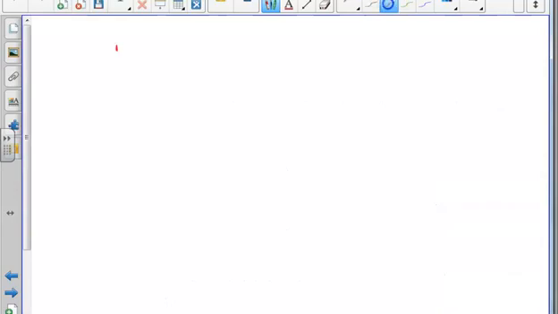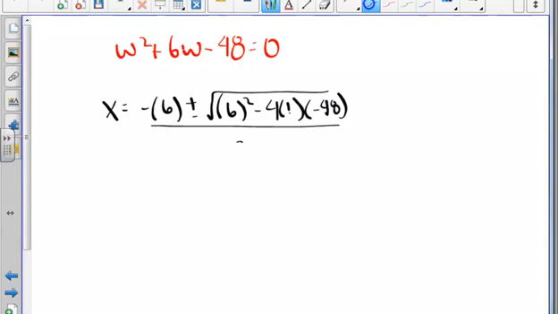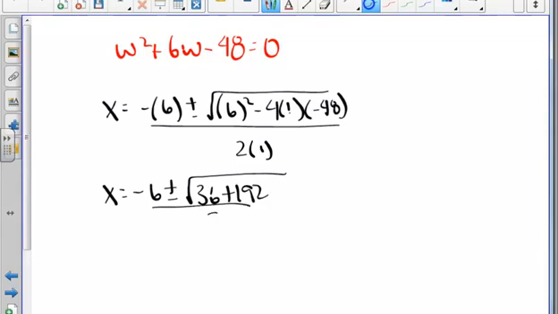If we use the quadratic formula on w squared plus 6w minus 48 equals 0, we're going to plug in x equals -b plus or minus the square root of b squared minus 4 times a times c, divided by 2 times 1. When we simplify, we get -6 plus or minus the square root of 36 plus 192, divided by 2.